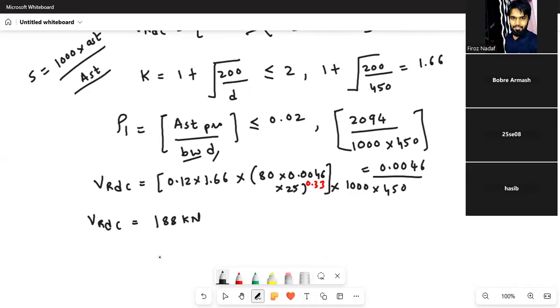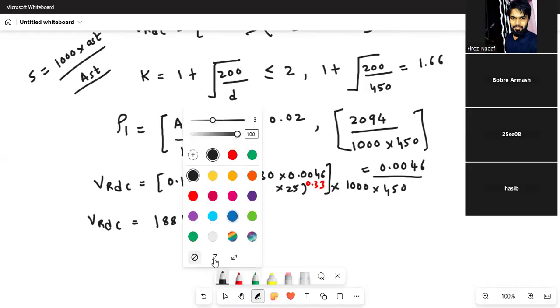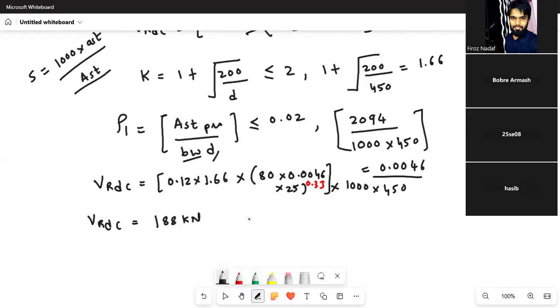After calculating the VRDC, it has to be bigger than the ultimate design shear that you have calculated in the analysis. Go back to the recording. The ultimate design shear is 169 kilonewton, and the ultimate shear strength is 188.